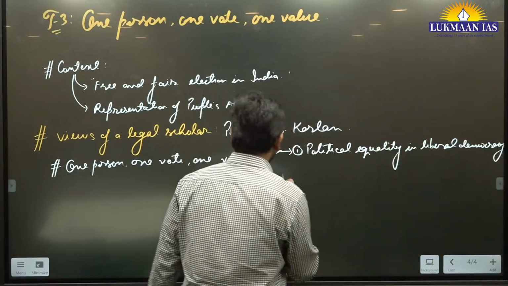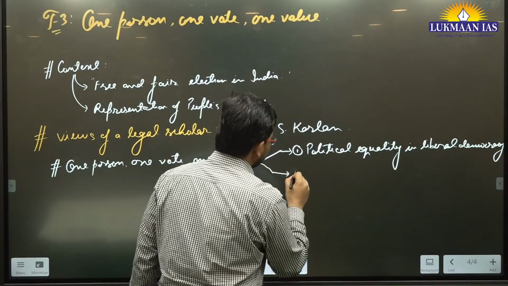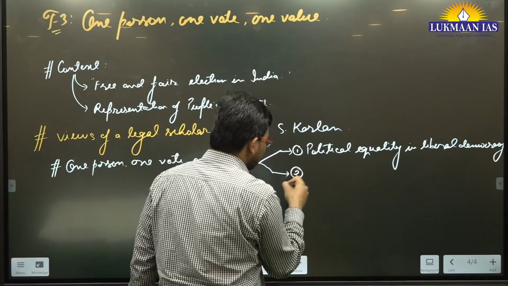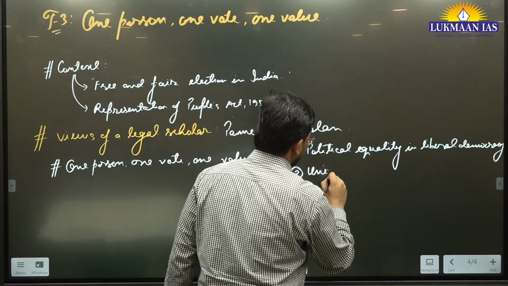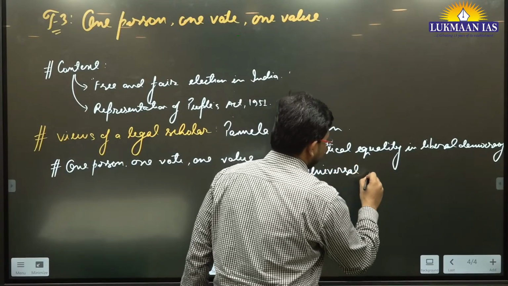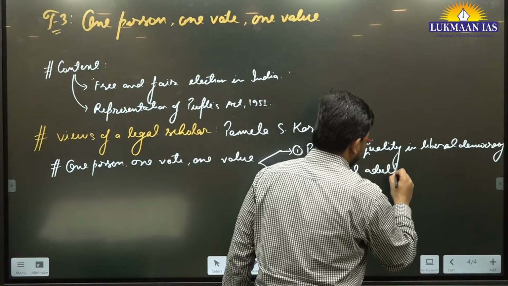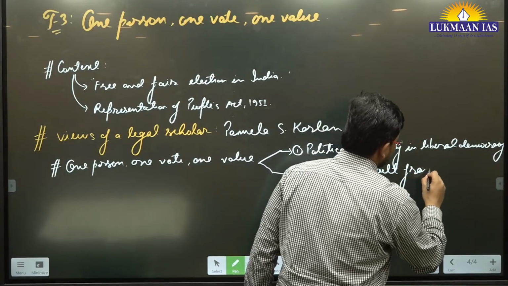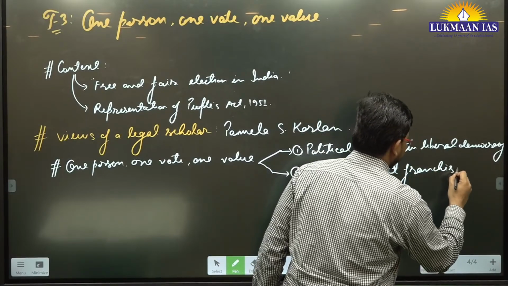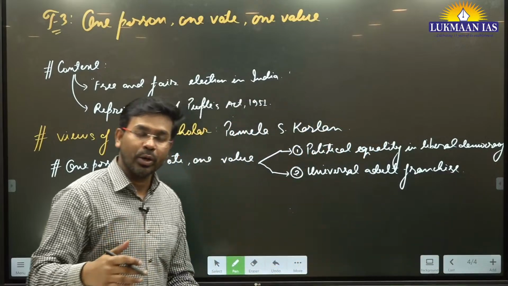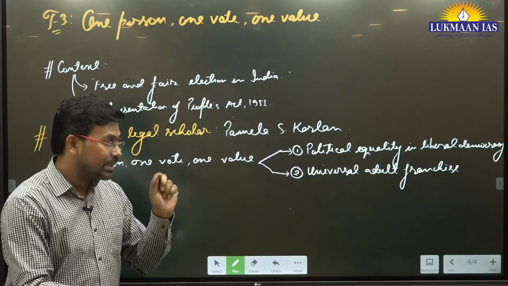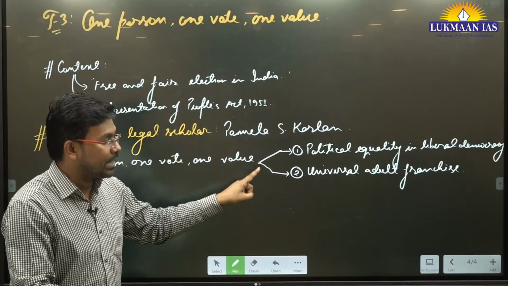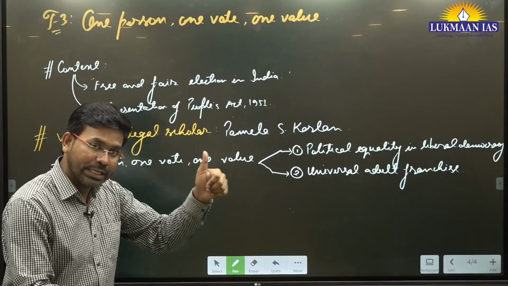This is one aspect. Apart from this, this is also in tune with universal adult franchise. Means in India, anyone who attains the age of 18 years or above can cast a vote.